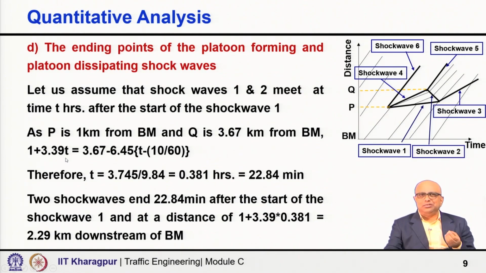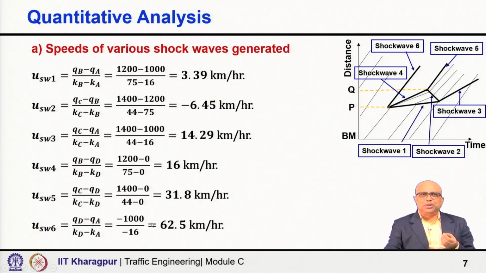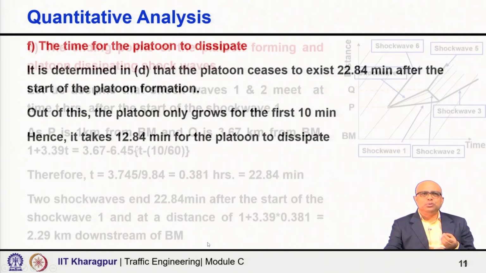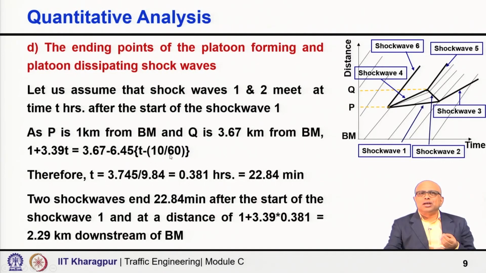3.39 into t, that is equal to 3.67, the whole is 3.67 up to Q, 3.67 minus 6.45, which is the speed of the shock wave 2, which is created between traffic state B and C. So, 6.45 into t minus 10 divided by 60.